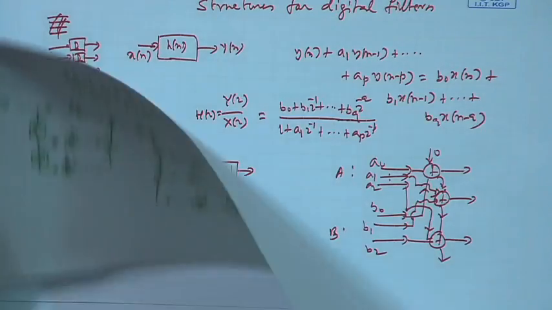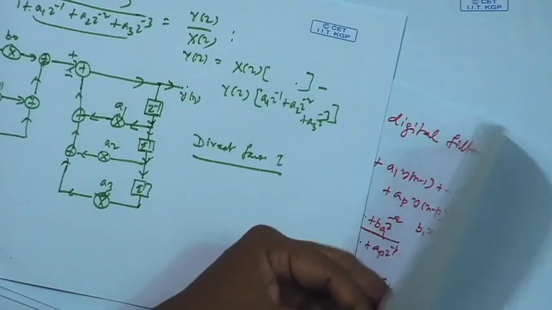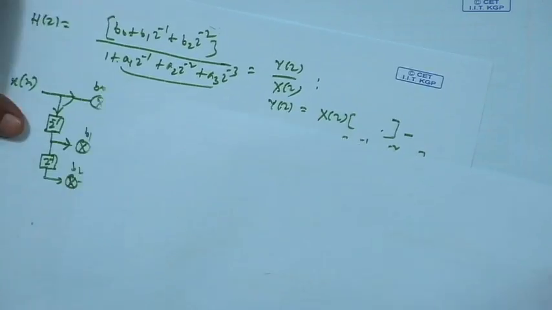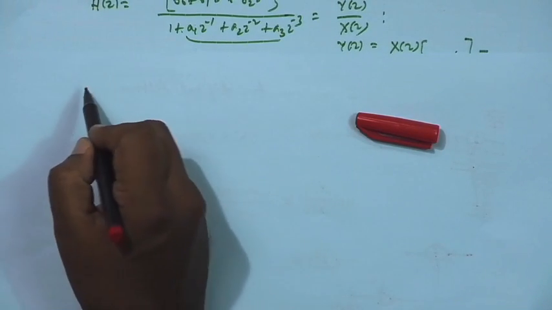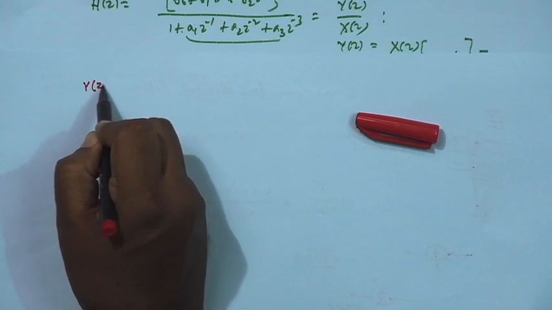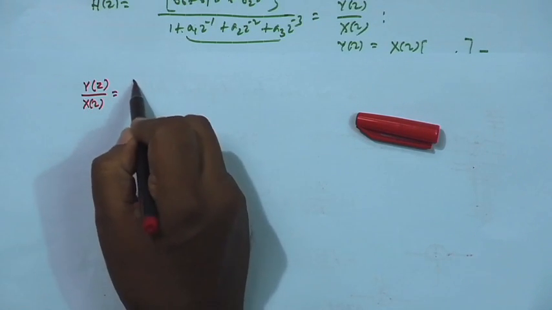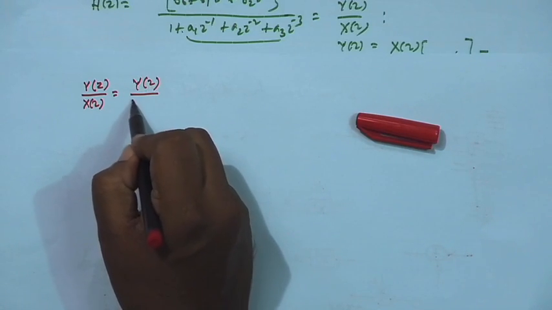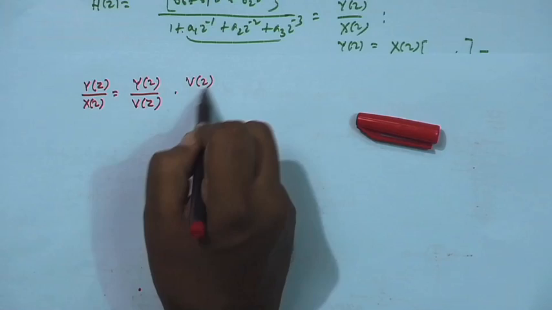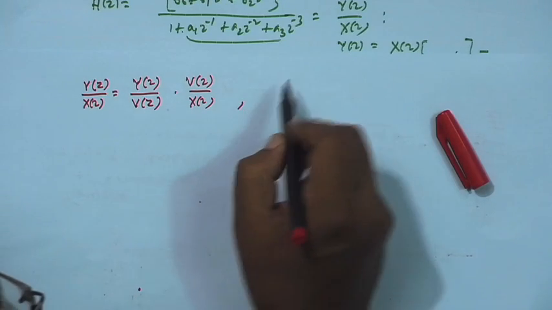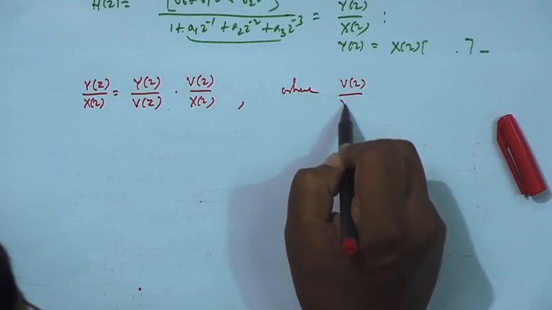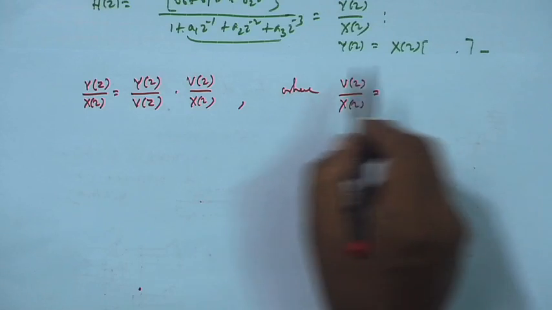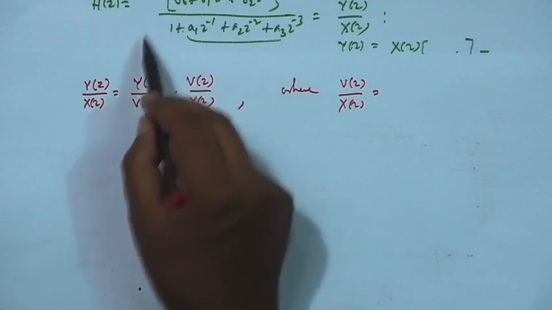For that, Y(z) by X(z), we write like this, Y(z) by maybe some V(z) into V(z) by X(z), where V(z) by X(z) I take to be, I just first deal with poles.